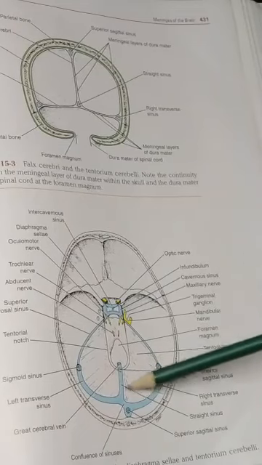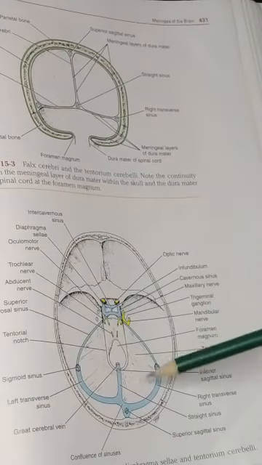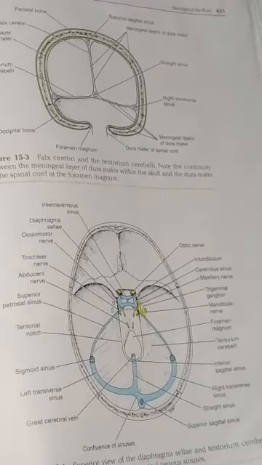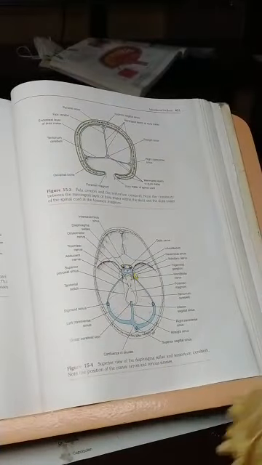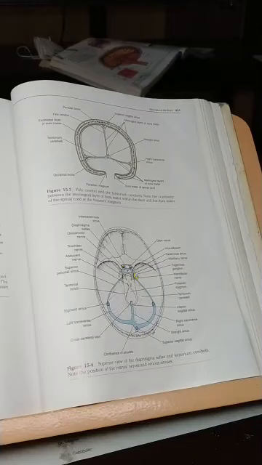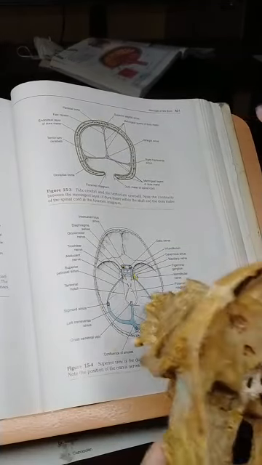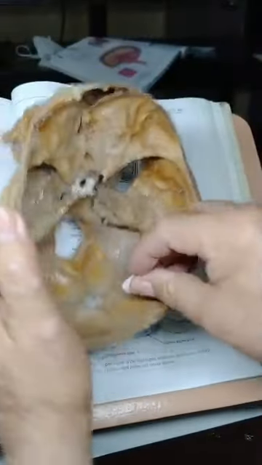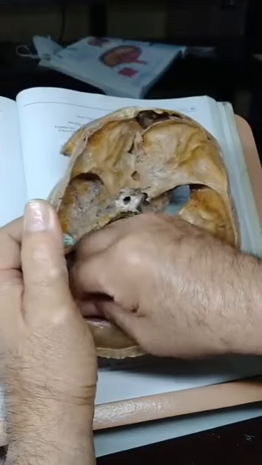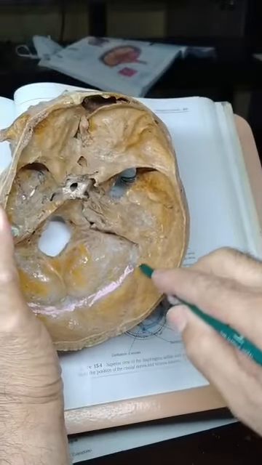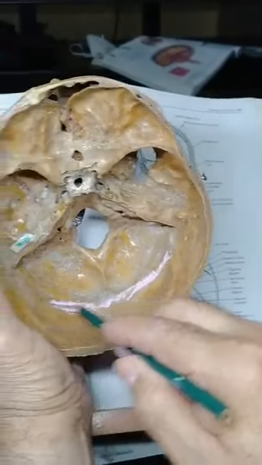After the superior sagittal sinus, the next sinuses will be the right transverse sinus and the left transverse sinus. The right transverse sinus, you have here the groove. This is the groove for the right transverse sinus. This is the groove of the left transverse sinus.